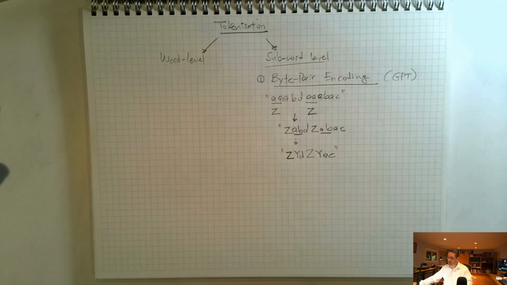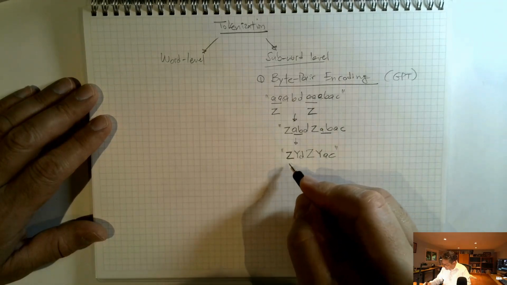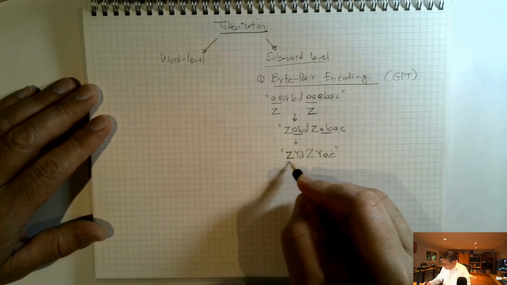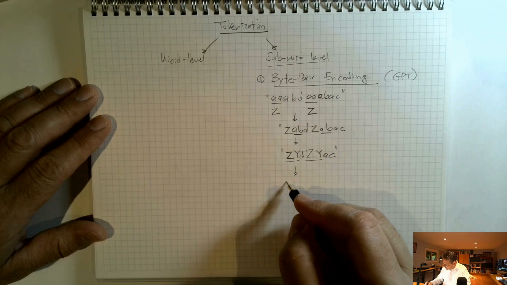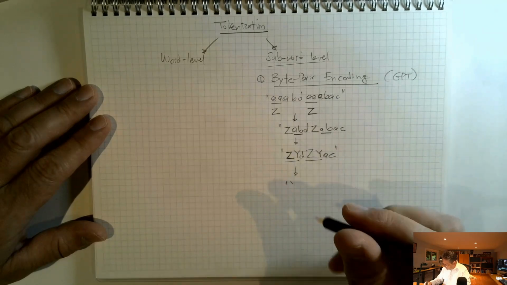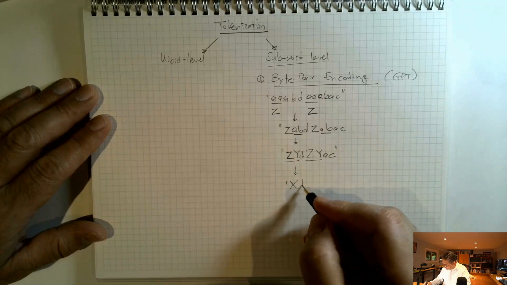So this is basically the end result. We can stop here, but we could also start at a second level, replacing these symbols with something that we have not seen before, let's say X, and that's the recursive nature of the algorithm.